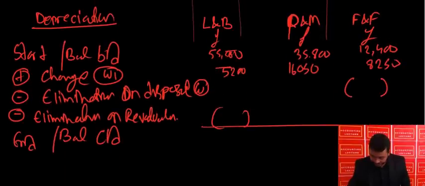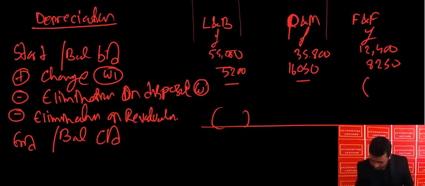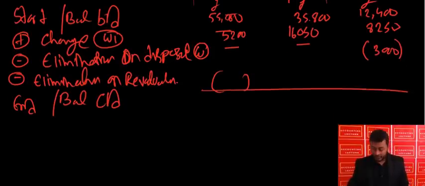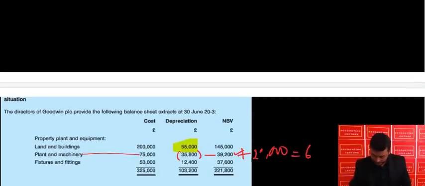Okay. And the elimination on disposal, there is no disposal for land and building, plant and machinery, but if you remember, we had elimination on disposal for our fixtures and fittings, and we calculated it's 3,000, just over here.